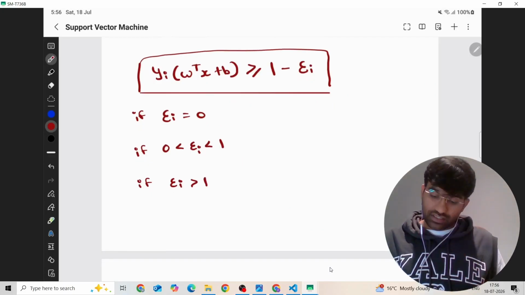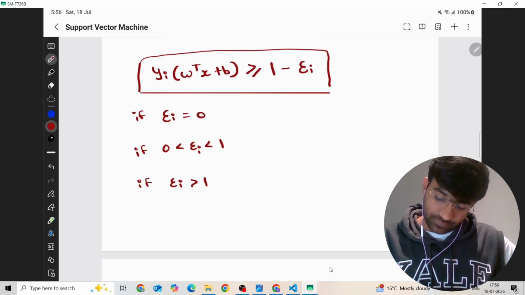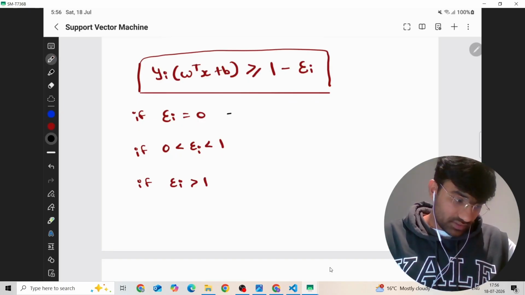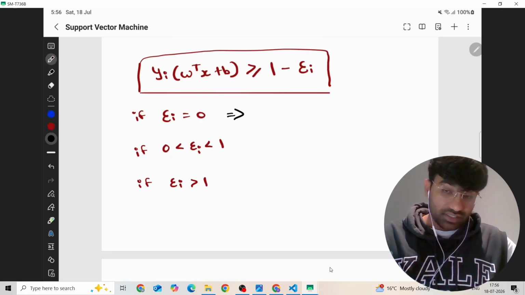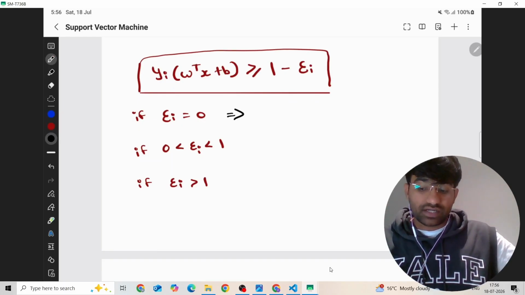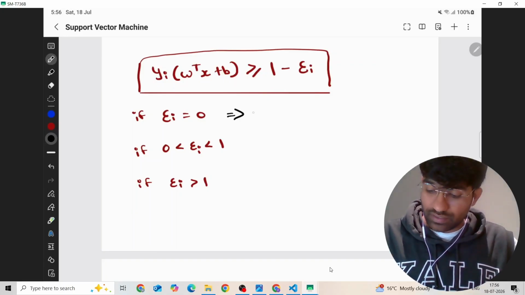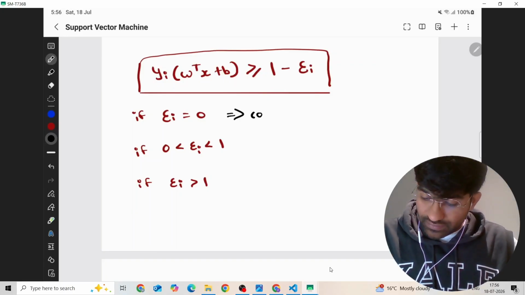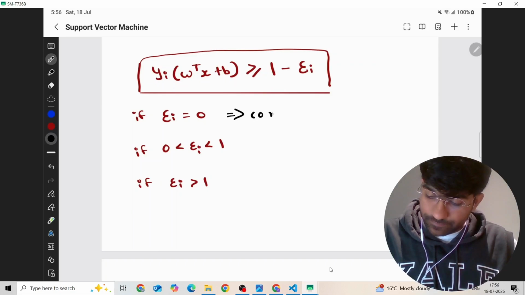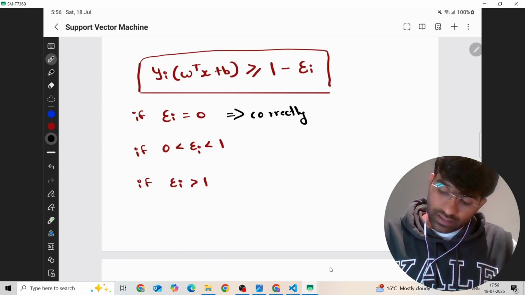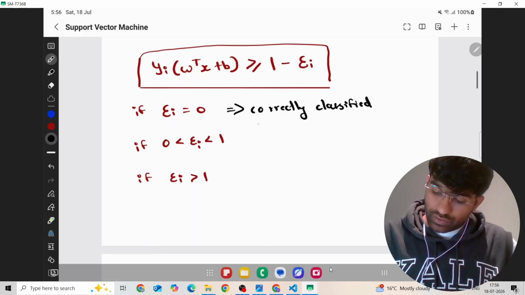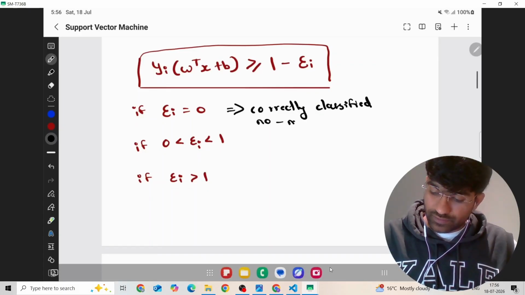So these are the three cases of the error. What if error is equal to 0? That means there is no error. That means correctly classified. The machine has correctly classified. No misclassifications.